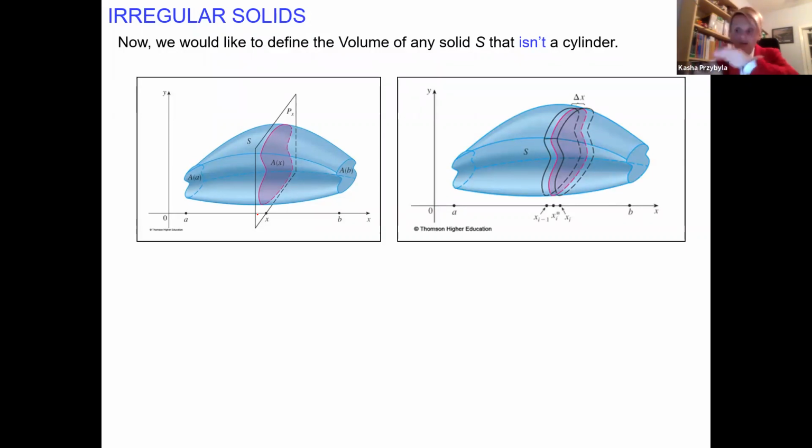We have a curve on the top, but when you take a slice, and the slice of bread is relatively thin, if I put it on my plate, it looks like a cylinder, because we have the same base on the top and the bottom, and the height, of course, is the thickness of the slice, which we will call delta x.